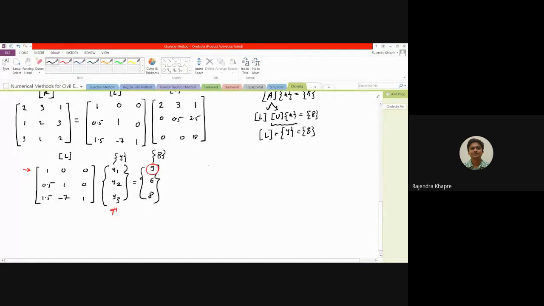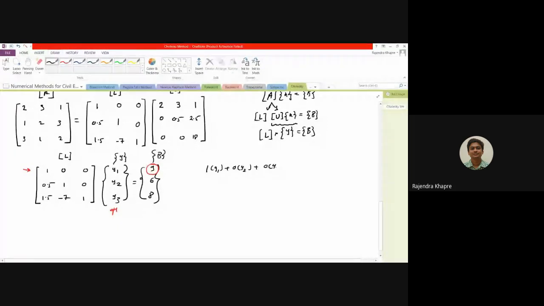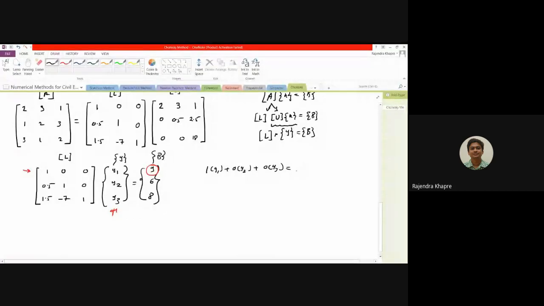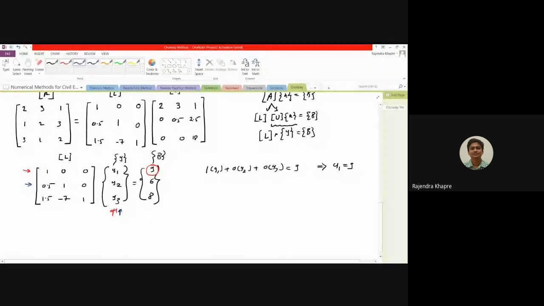So I get 1 into y1 plus 0 into y2 plus 0 into y3 equals 9, and if you solve this, you get the y1 value as 9. Now for the second expression, multiplying this by this, you should get 6.